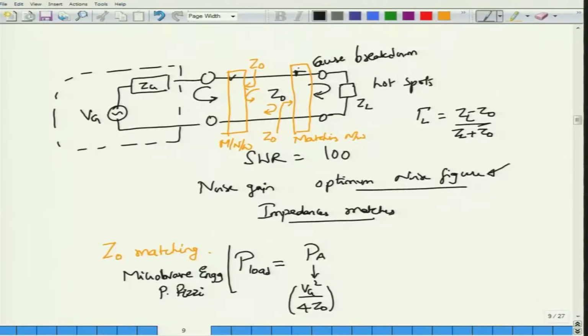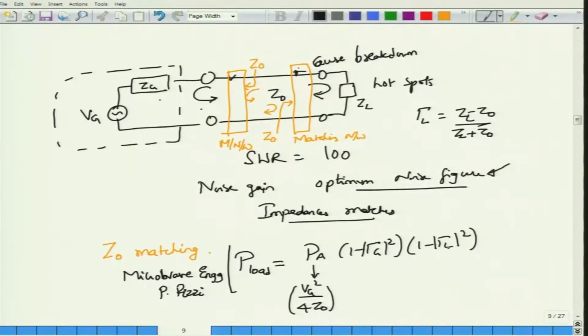So, you are connecting a transmission line, and you have a Zg, which is the internal impedance of the source, and whatever power you obtain will be reduced as it comes to the load side on the lossless transmission line. What are the factors which reduce it? There is a mismatch at the generator and the transmission line. Then there is a mismatch at the load and the transmission line.